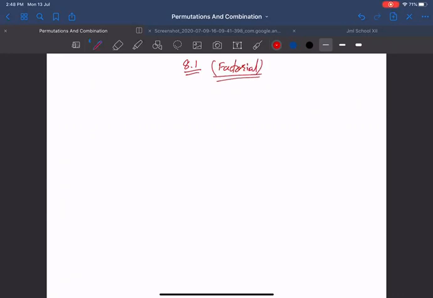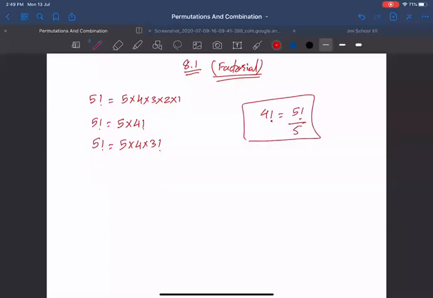Factorial is something which you already know. 5 factorial is nothing but 5, 4, 3, 2, 1. 5 factorial can also be written as 5 times 4 factorial, and also as 5 into 4 into 3 factorial. So 4 factorial can also be written as 5 factorial upon 5. Do you understand that part? That was very easy.